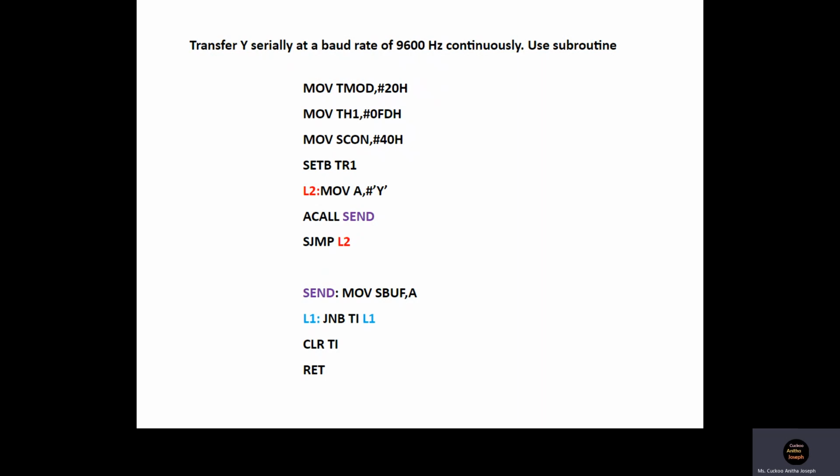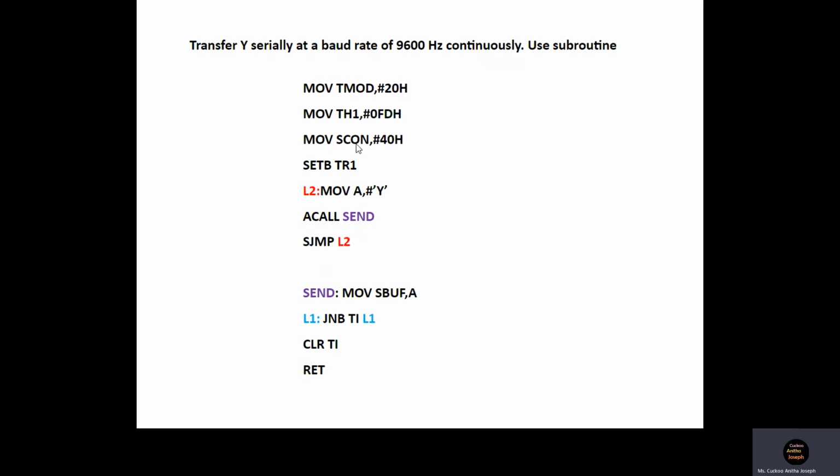And if you're calculating using the formula, assume a crystal frequency of 11.0592 MHz. So you have to load FD into TH1. The instruction for that is MOV TH1, #0FDH. This will give you a baud rate of 9600 Hz.